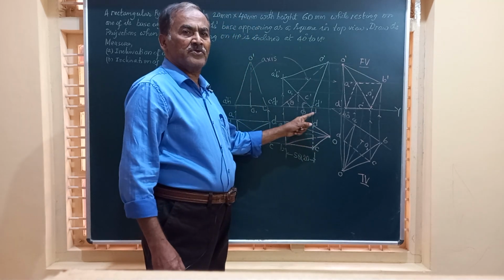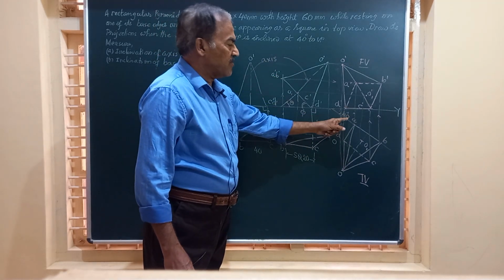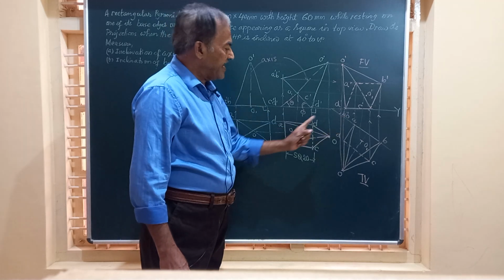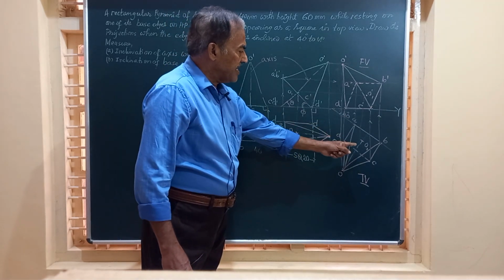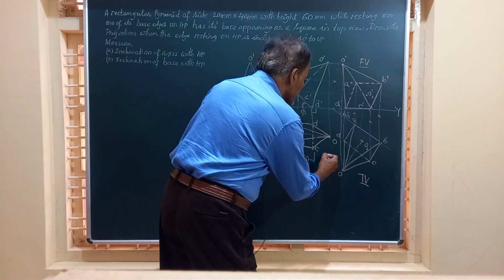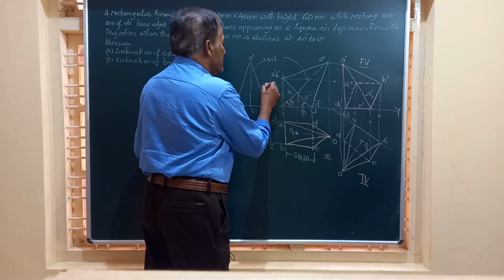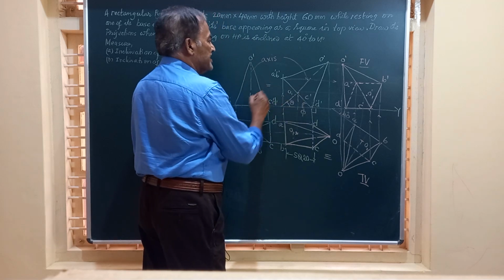And friends, in this position, the edge CD on which the solid is resting is normal to VP. But as per the problem, it has to be at an angle of 40 degrees to VP. Hence, I have redrawn this figure as figure here. And remember friends, these two figures are exactly identical. Similarly, these two figures are exactly identical.